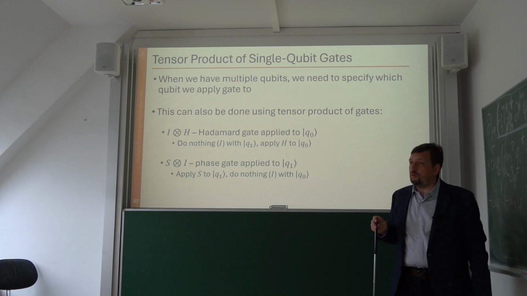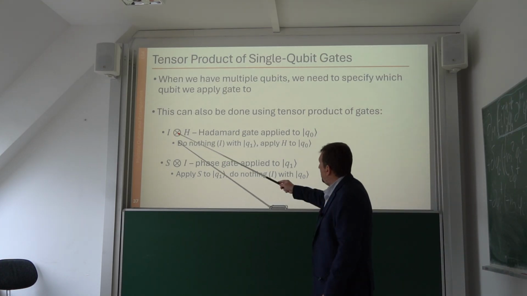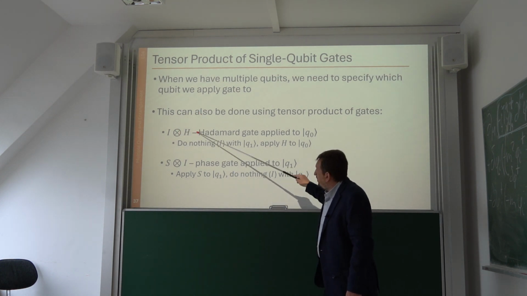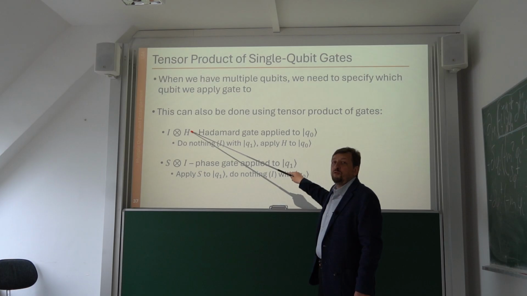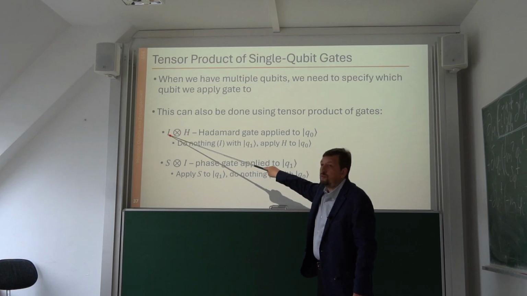We can also use tensor product notation. A tensor product H: again, the rightmost describes what we do with qubit number 0. So we apply the Hadamard gate to qubit number 0, and we do nothing to qubit number 1.